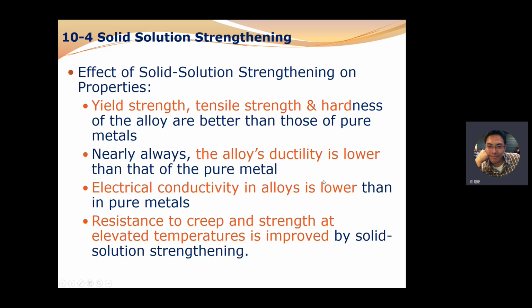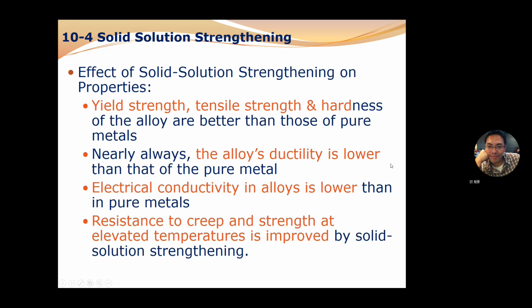However, those alloys' ductility is lower than that of the pure metal. That's for sure. You have the higher strength, of course your ductility will become lower. And the electroconductivity in alloy is lower than that in pure metal.